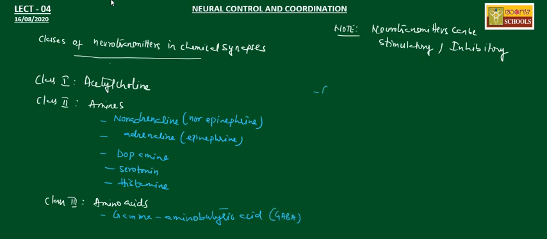Then the next one, glycine. This also comes under the class 3 amino acids. Then the next one, glutamine. The next one, aspartate, etc. are the different neurotransmitters that come under class 3 amino acids.